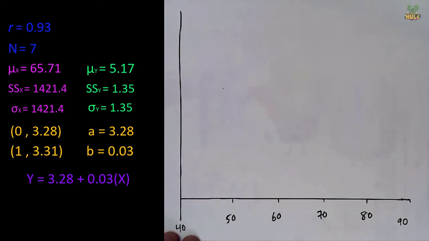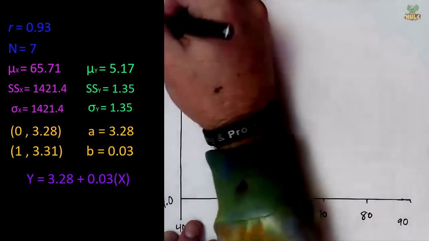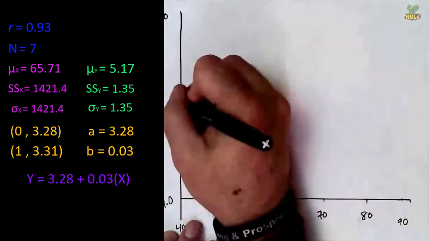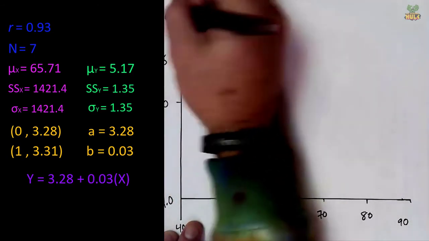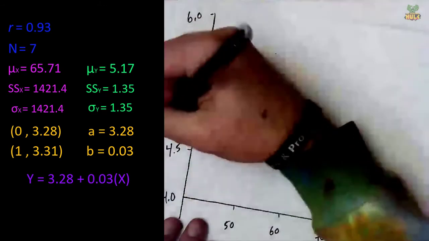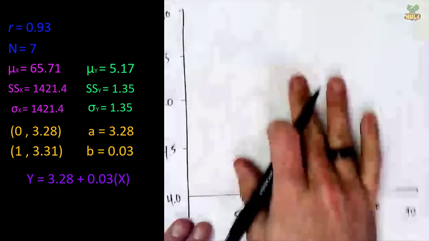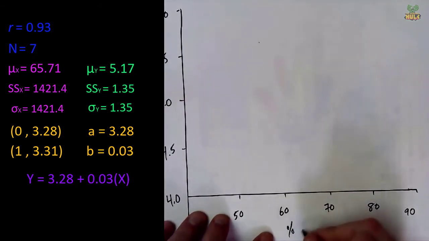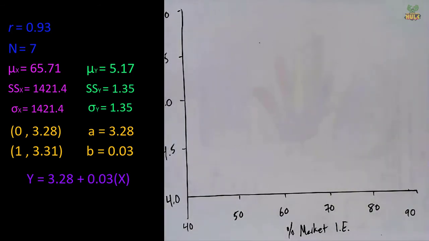And my y data range from 4.71 to 5.8, so I'm going to go from 4.0 up to, let's say, 6.0. Put 5.0 in the center, 5.5 up here, and 4.5 down here. This is murder rate. This is percent market Internet Explorer.